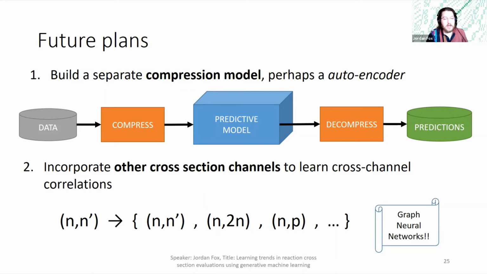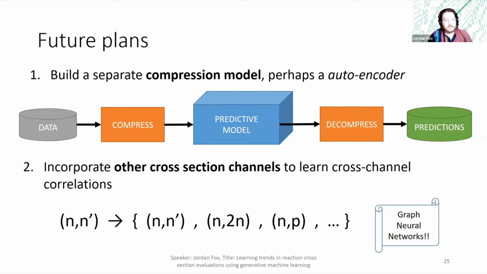I think that if we had a separate compression model that reduced the dimension of this data and boiled it down, then that would be more palatable for a predictive model using machine learning. So that could take the form of an autoencoder, or it could just be some algebra, some principal component analysis description, which would obviously change the way the predictive model works, but I think that could potentially help us a lot.